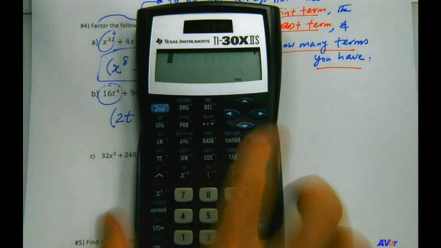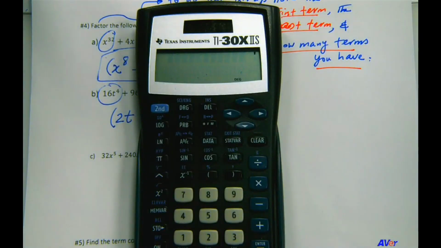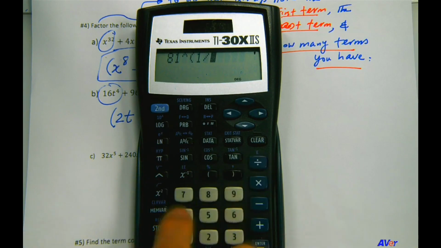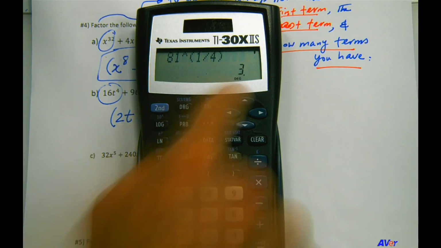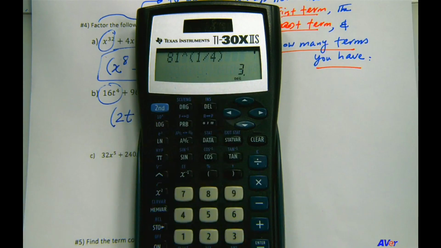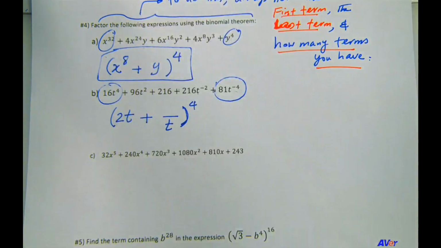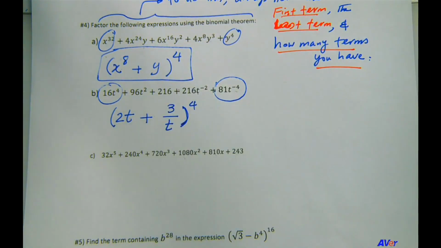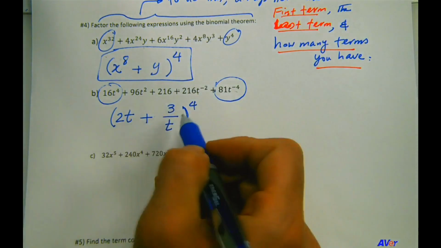So to take the 4th root of 81, you simply say 81 raised to 1 over 4 power, and it's 3. Okay? If you know it, you can just write it. If not, you can find it like that. So this expression is 3 over t. The second term is going to be 3 over t.